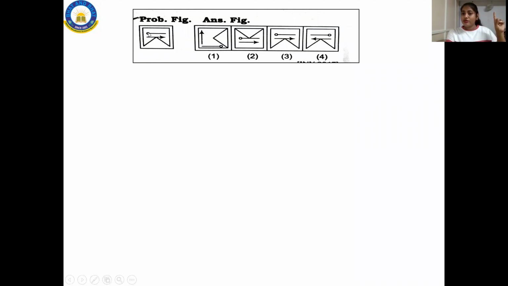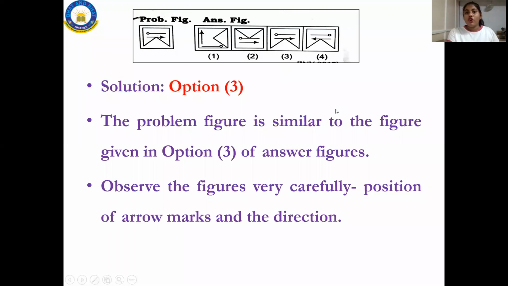The one should be to the left. This one is different. There is a confusion between these two. Look here at the arrow mark, it is in the same direction, while in the fourth one the arrow marks are different. Therefore, option 3 is your answer.